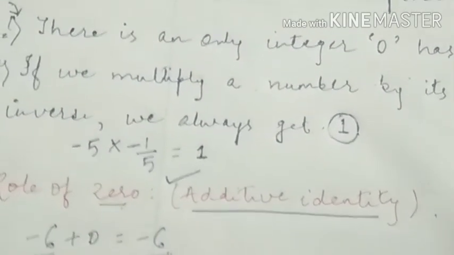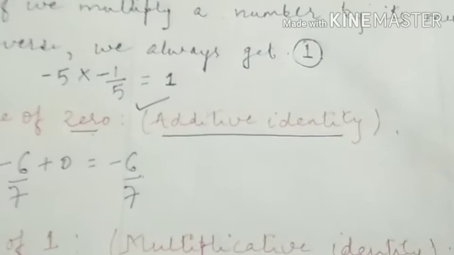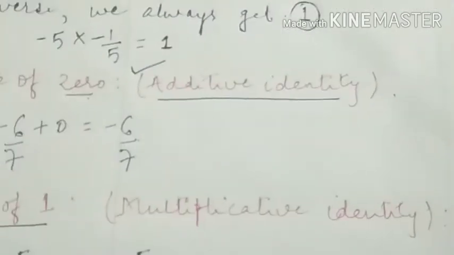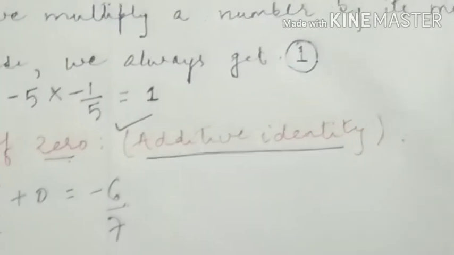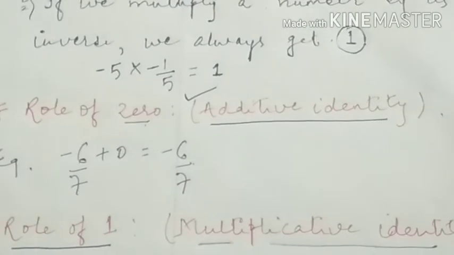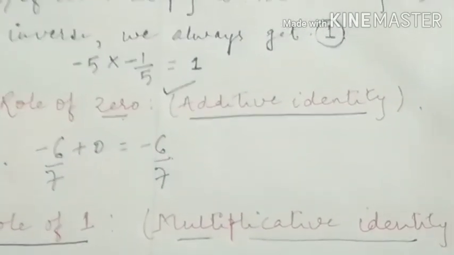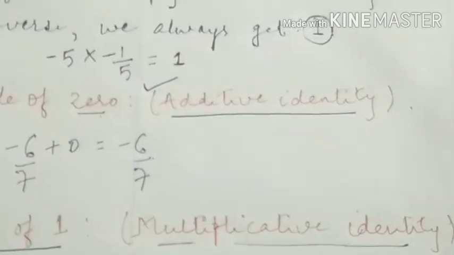Alright, now moving to the next point, that is role of 1. So 1 is also called multiplicative identity. Now what does it mean? It means that if we multiply any number by 1, we get the same number. You can take an example over here.